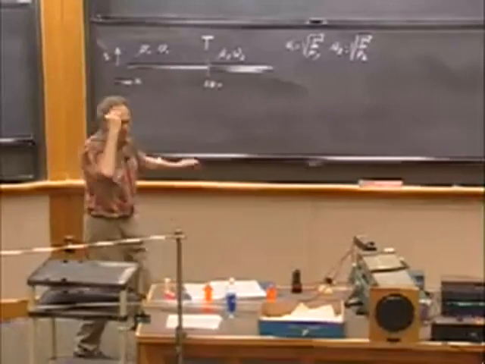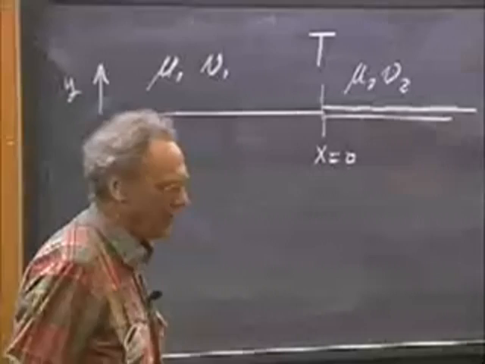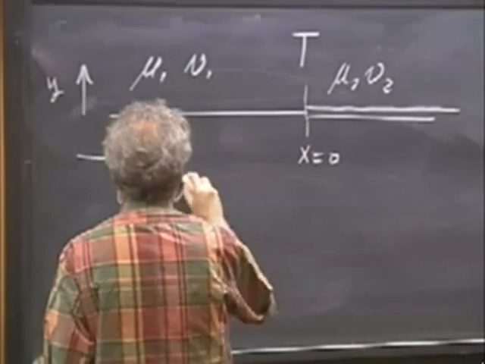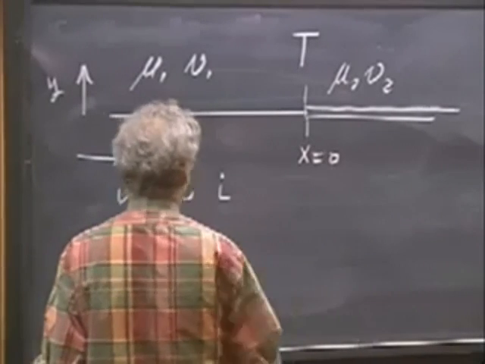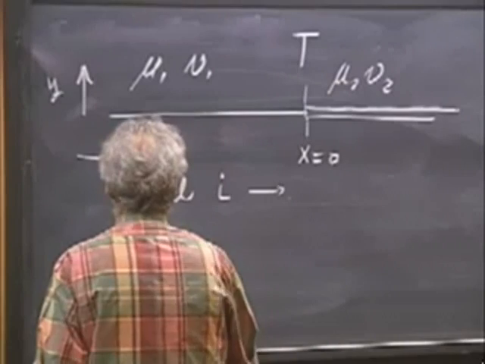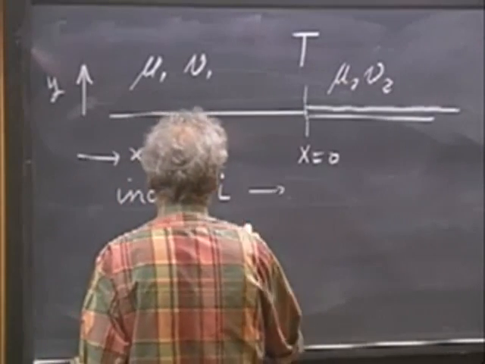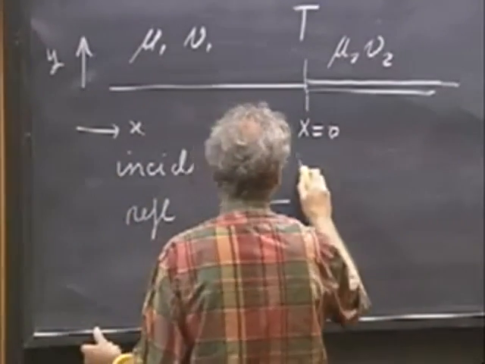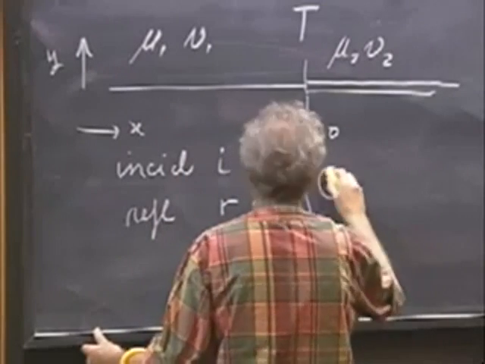I'm going to have a wave coming in from the left, which I call the incident wave. Incident, I will give that an I, moving in this direction. And then there will be a reflection, which I call R. Something may come back, so that it goes into this direction, both in medium 1.